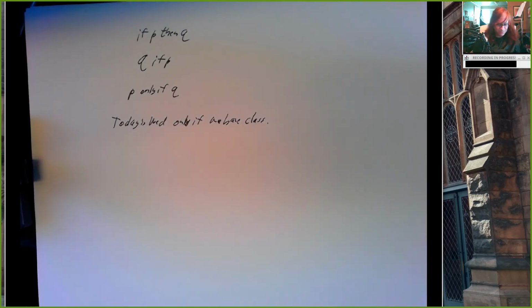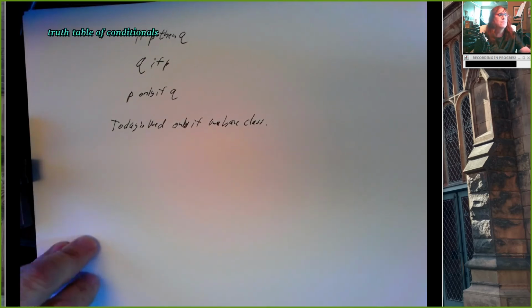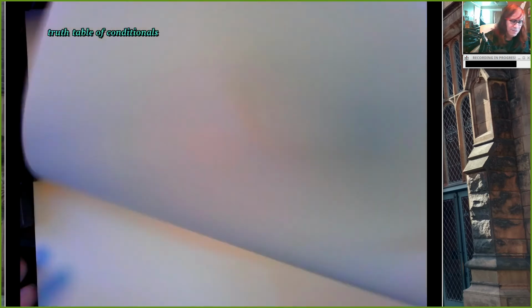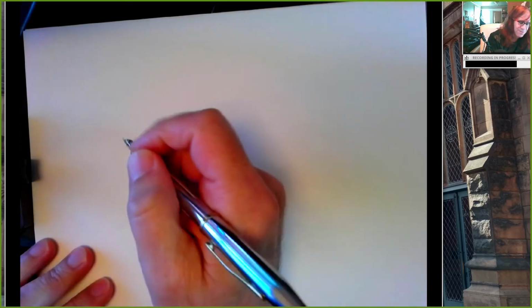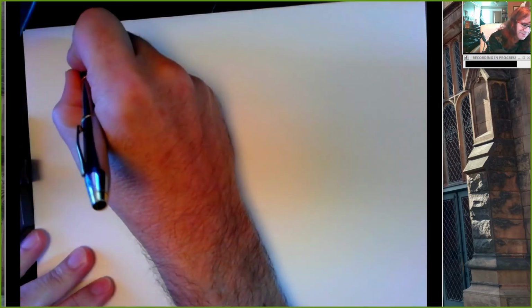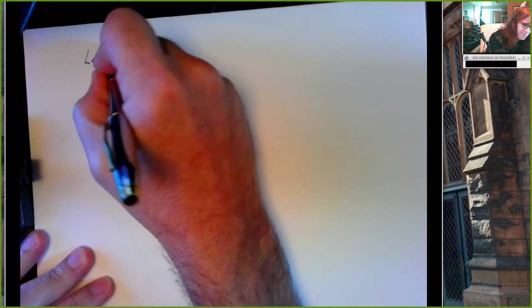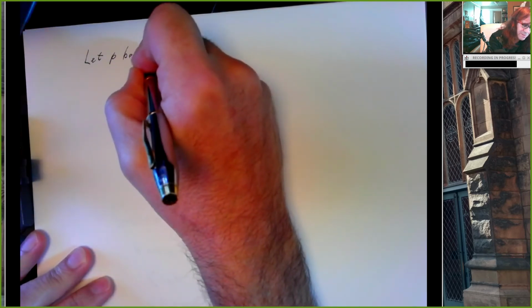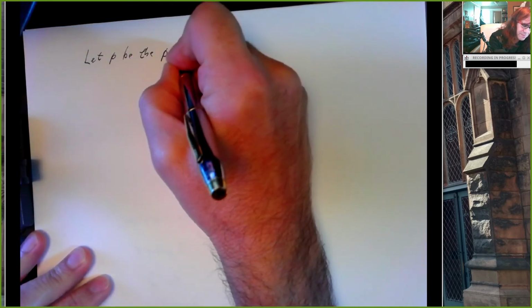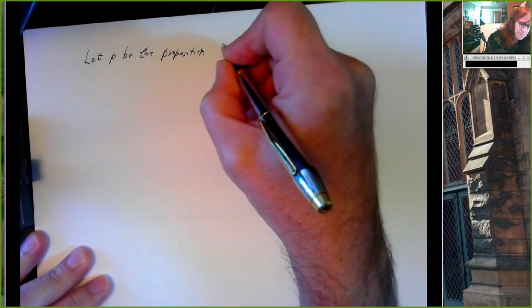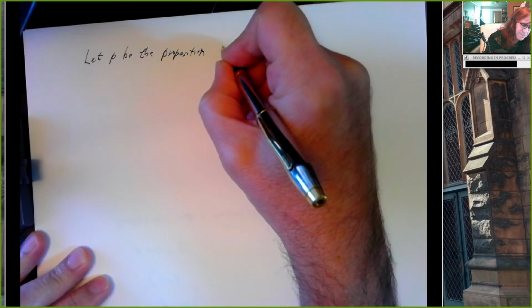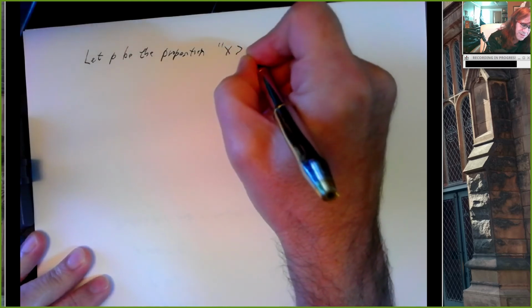All right, so let's look at truth tables. And this will get even weirder. So let me do the following. Let P be the proposition X is bigger than 10.